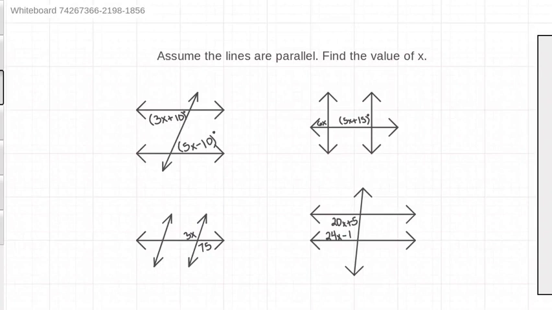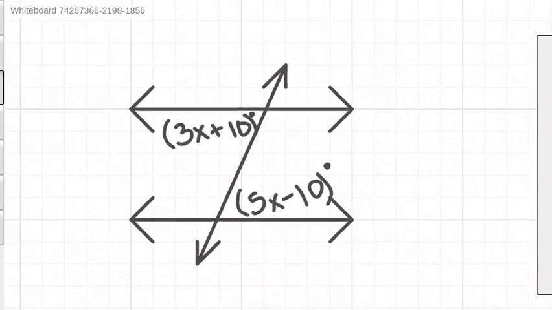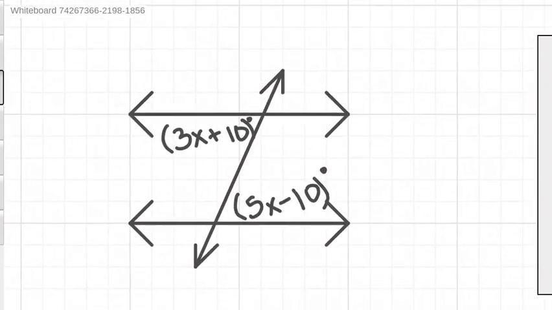All right, assume the lines are parallel, find the value of x. For this one over here, we have 3x plus 10 and 5x minus 10. We know that those are alternate interior, and we know that those vertical angles are going to be congruent. But 3x plus 10 and 5x minus 10 are alternate interior angles, which we know are congruent.